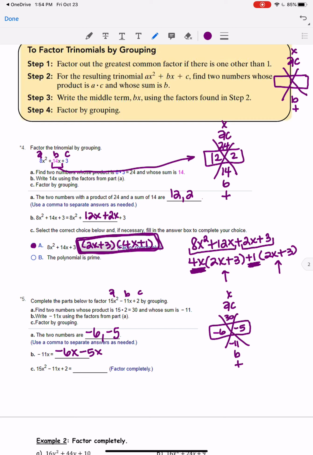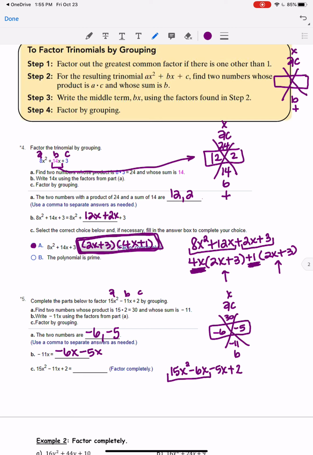So I'm going to rewrite this down here with my negative 6x minus 5x. So we have 15x squared minus 6x minus 5x plus 2. So my first grouping, what can I divide into 15 and 6?